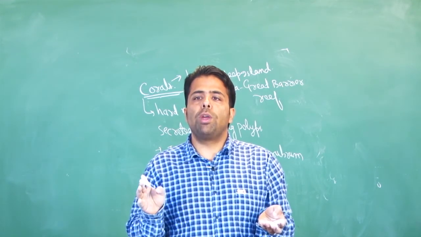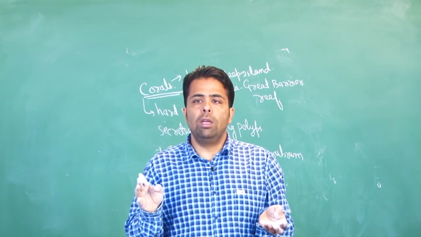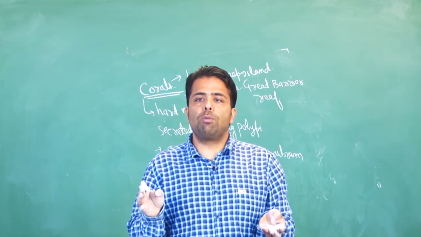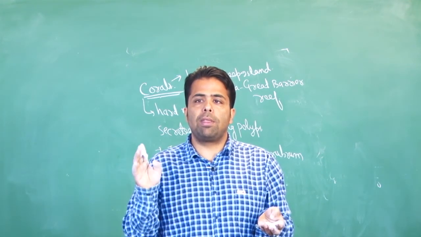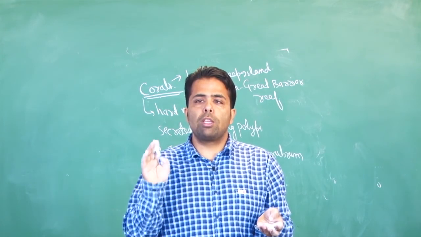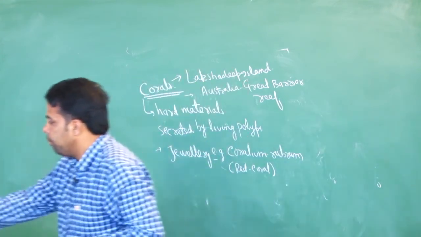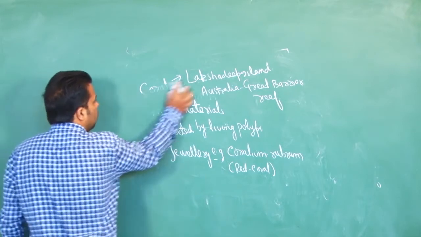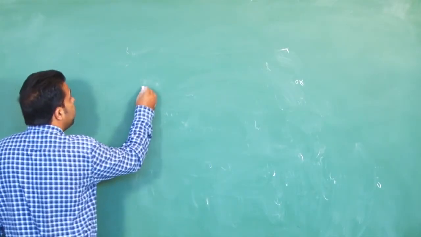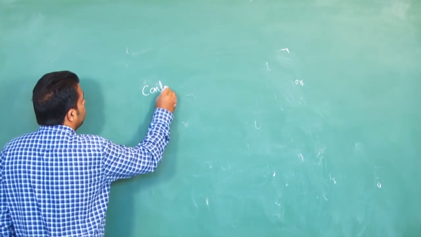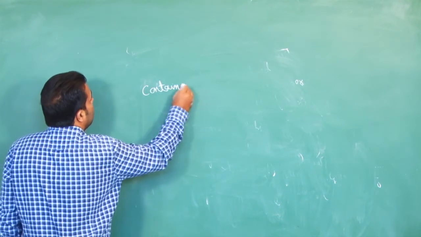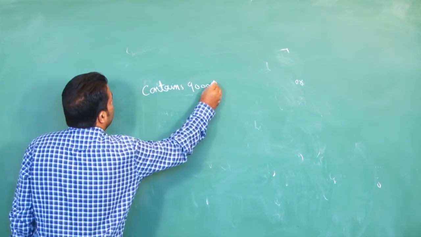So dear students, we are discussing the phylum Coelenterata. We have discussed the general characters, specialized characters, examples, other characters. So I need to mention the last point here. Phylum Coelenterata contains 9,000 species. A good number.